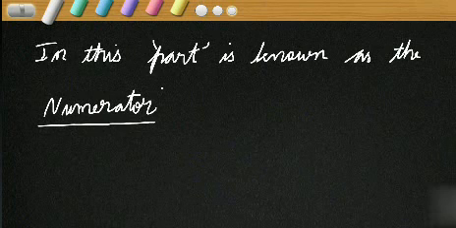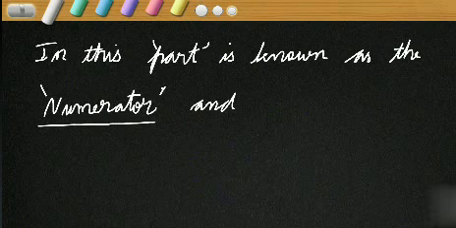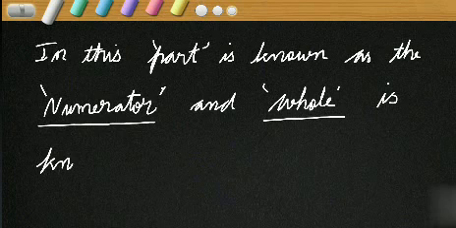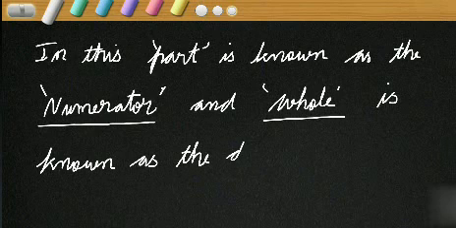Part is known as the numerator and whole is known as the denominator. Whole means the whole thing, the entire thing. Whole is known as the denominator.